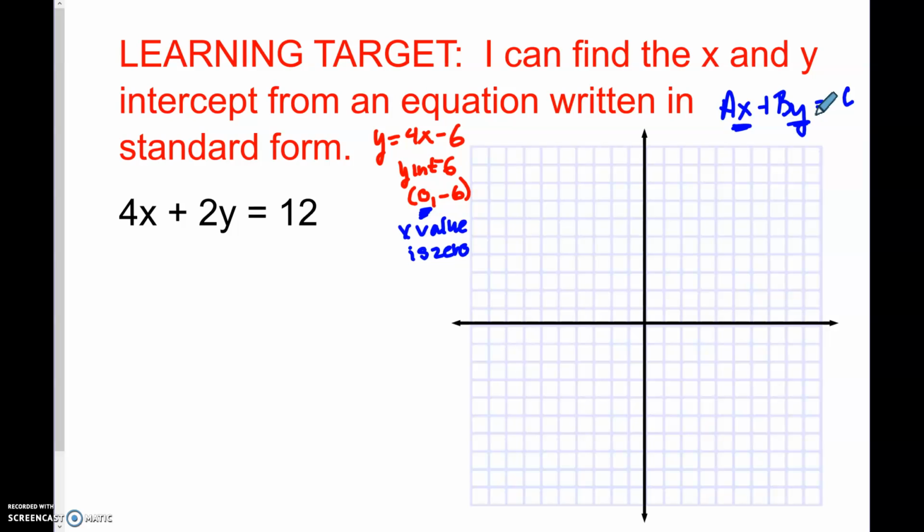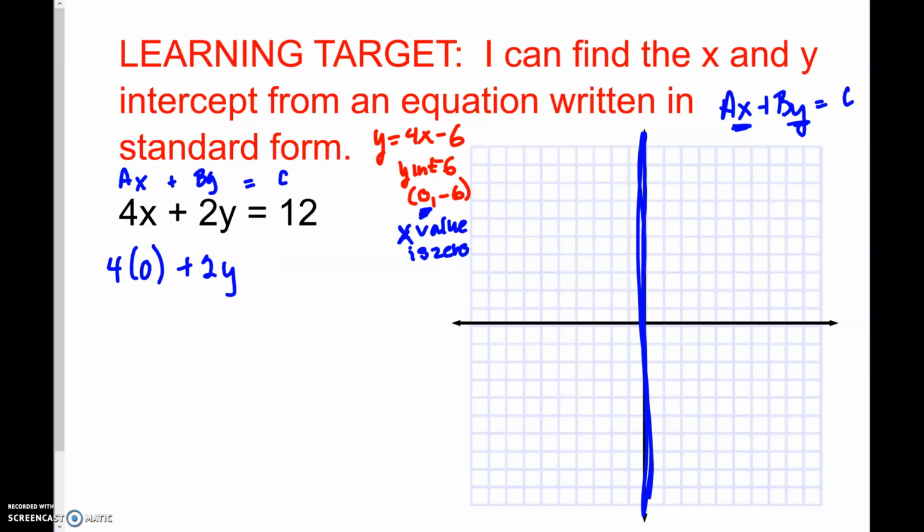And that's exactly what we have here. So this is our ax plus by equals c. Now the same thing happens. This x value is still 0. It doesn't matter. To be on the y-intercept, to be anywhere on this y-axis, the x value has to be 0. So that's what I'm going to do first, is put a 0 in for x.